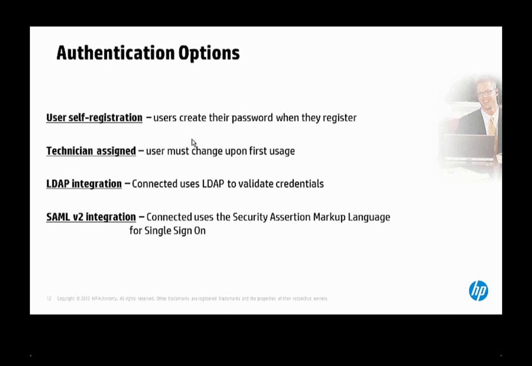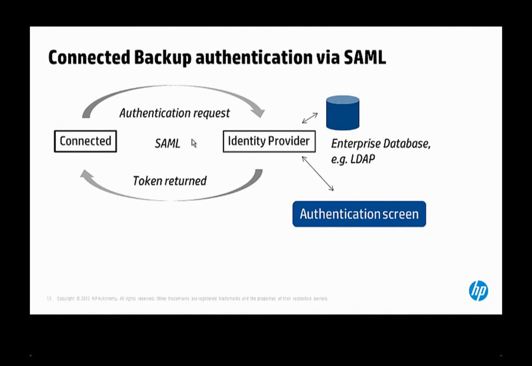And more recently, we've introduced integrations with SAML version 2, which allows Connected to participate in an organization's single sign-on environment. To illustrate just briefly how that works, in this particular case, the Connected agent doesn't solicit and doesn't collect user identification, user names, or passwords itself. Instead, what it does is make an authentication request to the organization's identity provider.